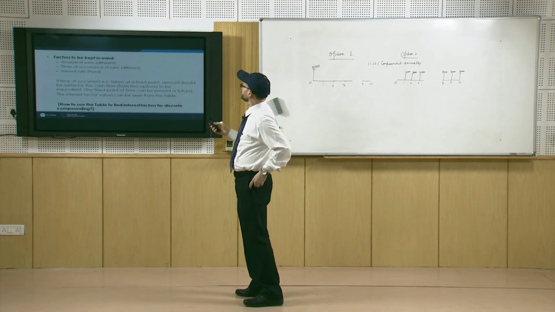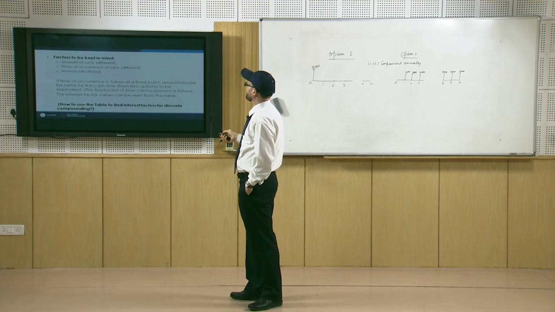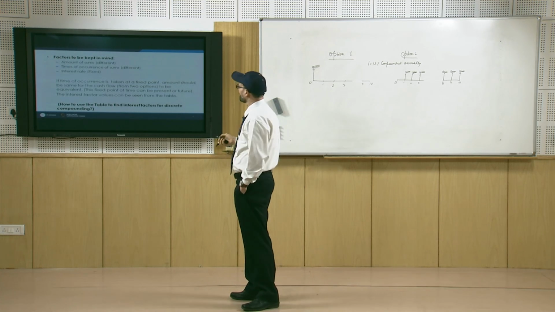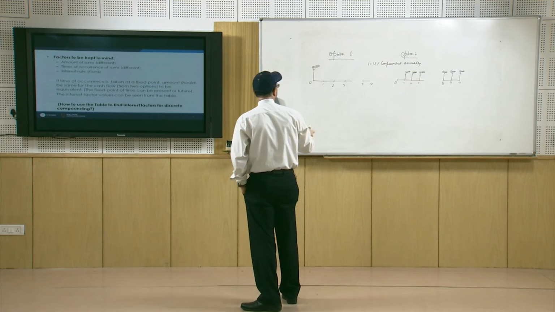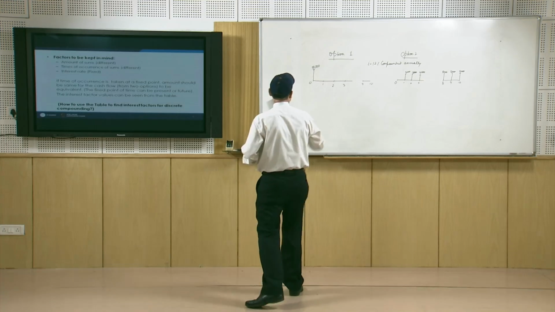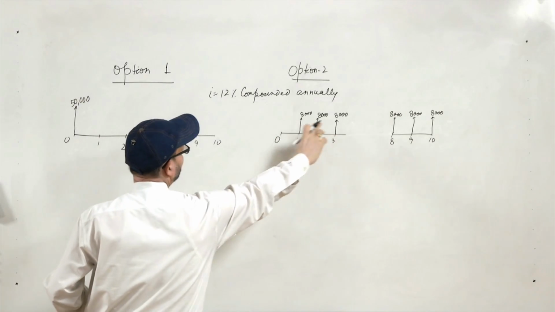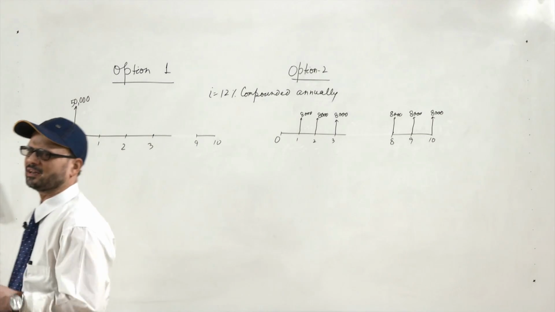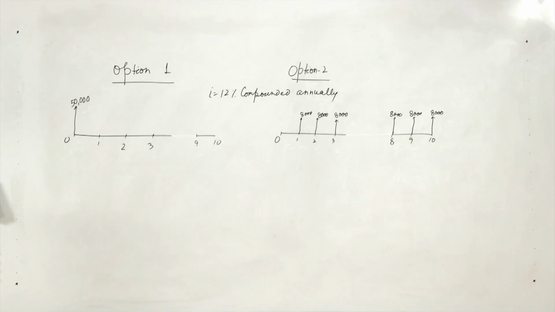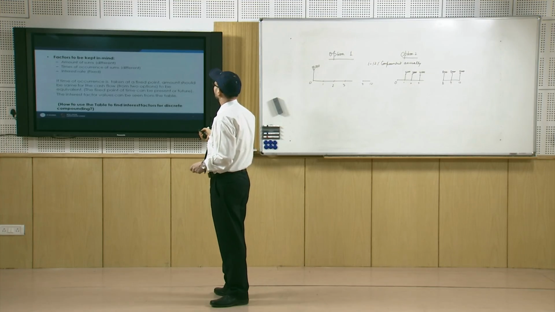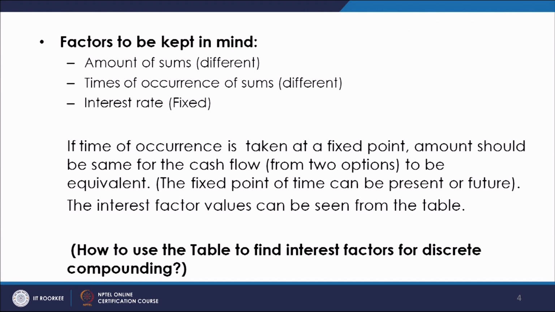Now, in this case you have to compare these two, keeping in mind the three factors we discussed. One is the amount of sums, which is different here. You are being paid 50,000 in option 1 and you are being paid 10 times 8,000, but at different times. So, certainly the time of occurrence of sums is also different, and the interest rate is taken as the fixed one, that is 12%.